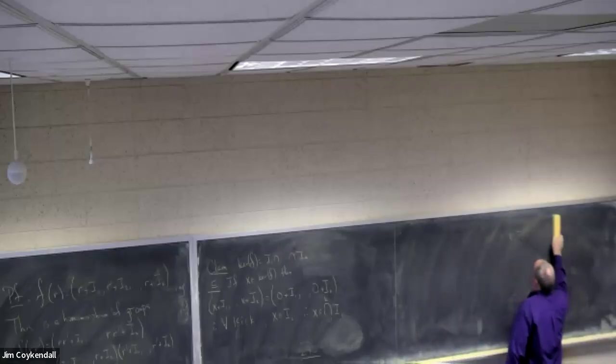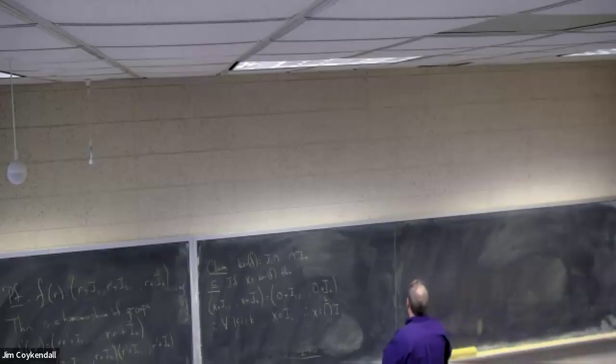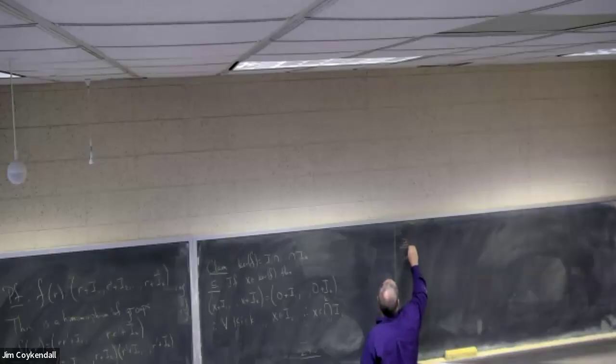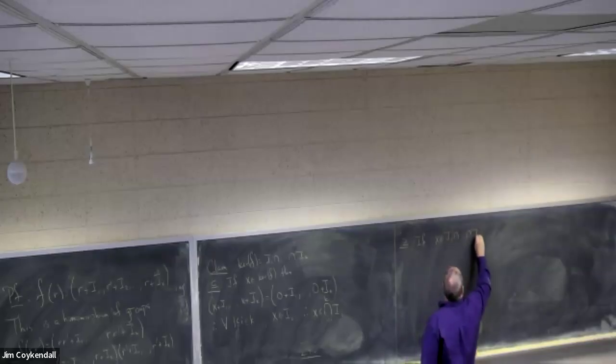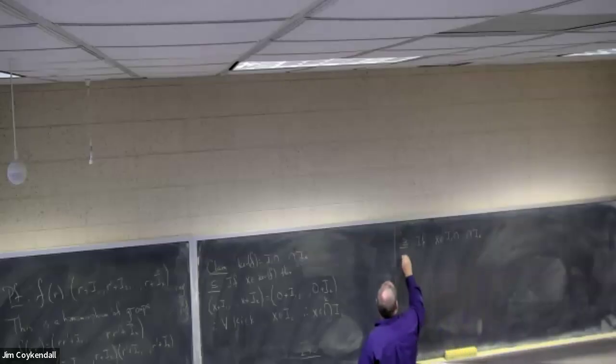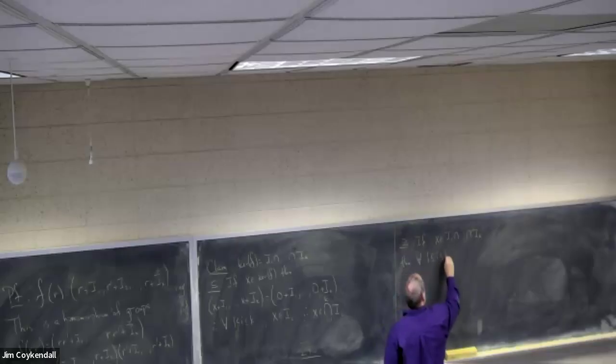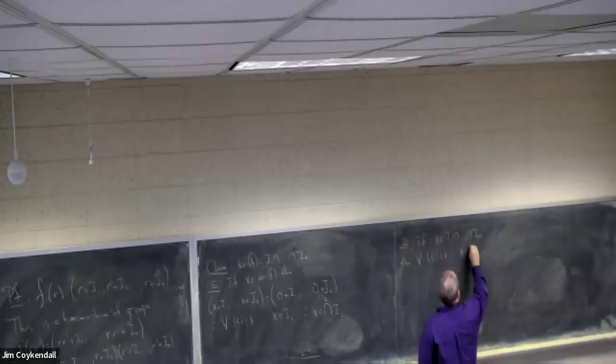On the other hand, suppose X is in the intersection. Then for all i from 1 to K, X is in I_i.